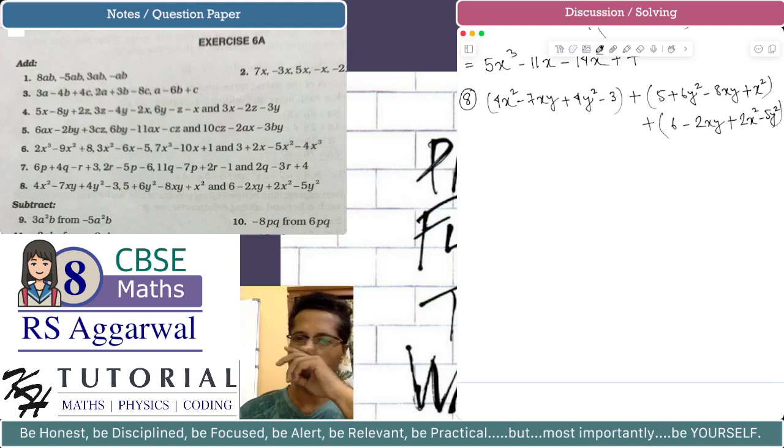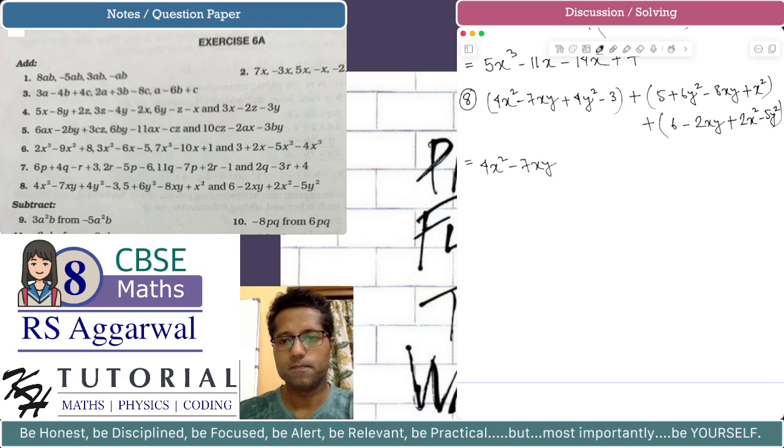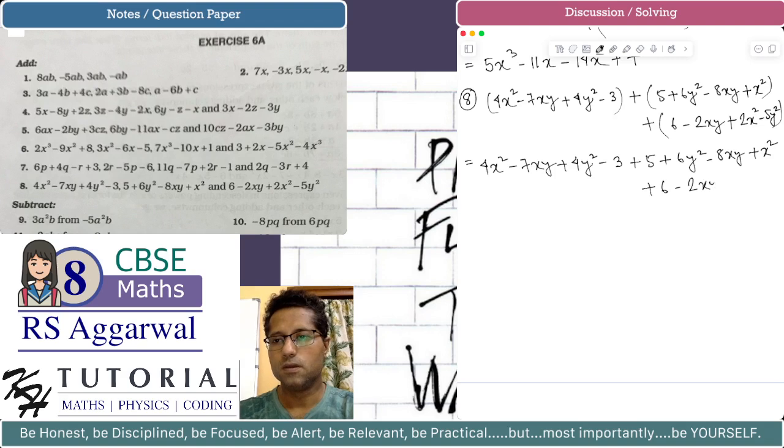So since these are additions of algebraic expressions, we can simply open the brackets and we get 4x square minus 7xy plus 4y square minus 3 plus 5 plus 6y square minus 8xy plus x square plus 6 minus 2xy plus 2x square and minus 5y square.